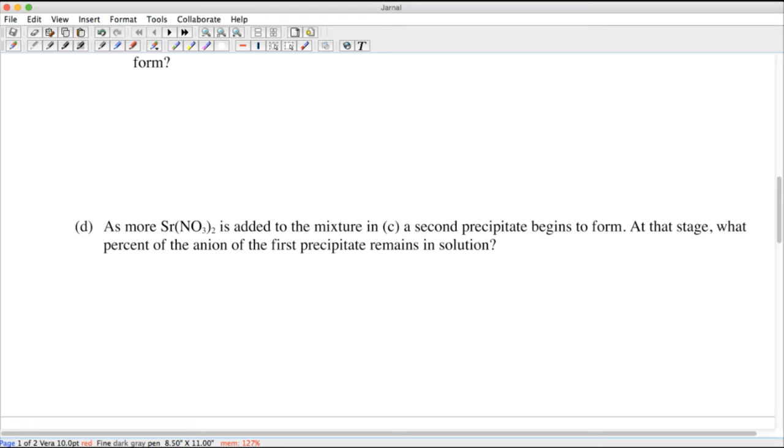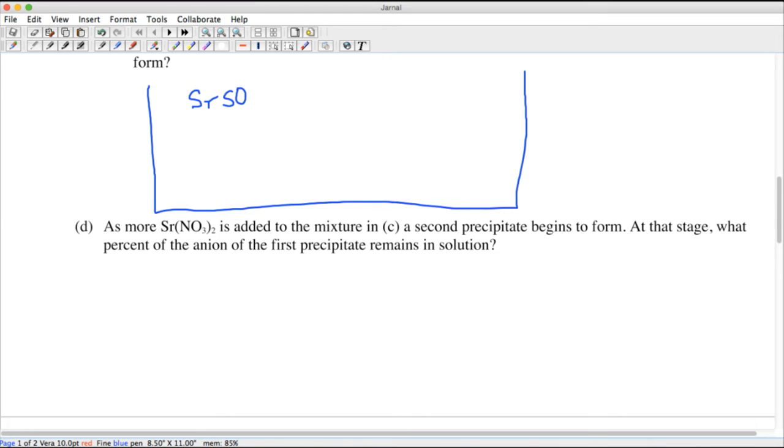So what we had, party people, is we had a beaker. And in this beaker, there was strontium sulfate, which was very soluble, and there was strontium fluoride, all very soluble. And initially, we had 0.02 moles of F negative.